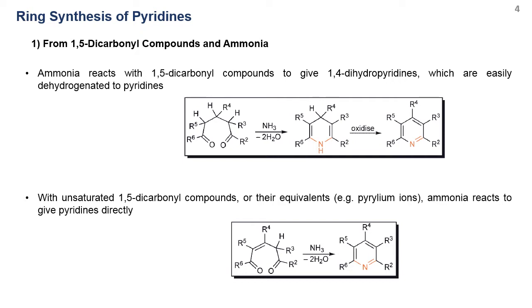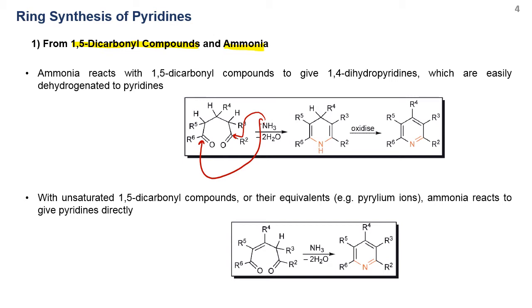So the first ring synthesis of pyridine is probably the simplest. It is the condensation between 1,5-dicarbonyl compounds with ammonia. If you have a saturated 1,5-dicarbonyl compound, as we talked about in the second lecture, the ammonia can attack once to form the enamine, and the enamine can attack again at the other carbonyl group to form another enamine.